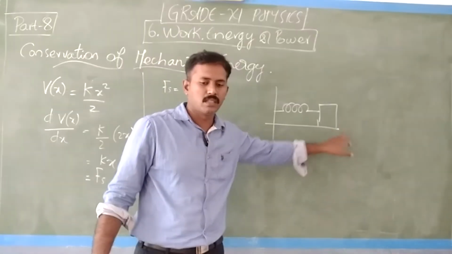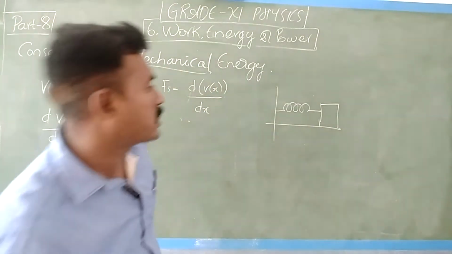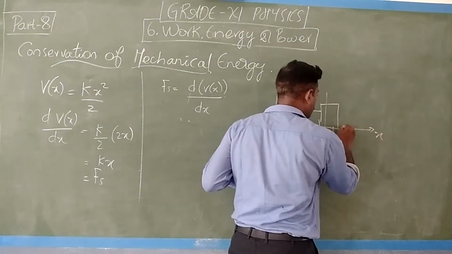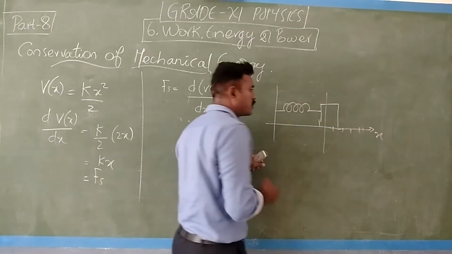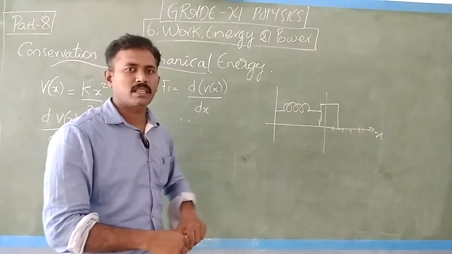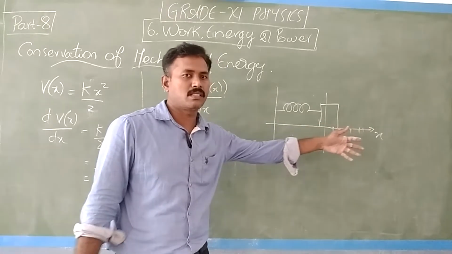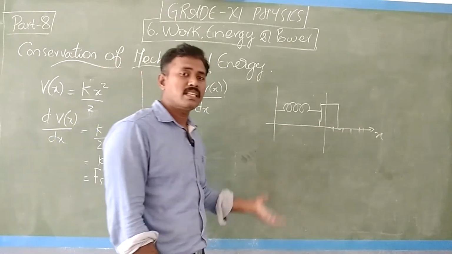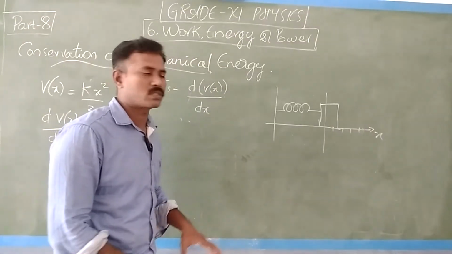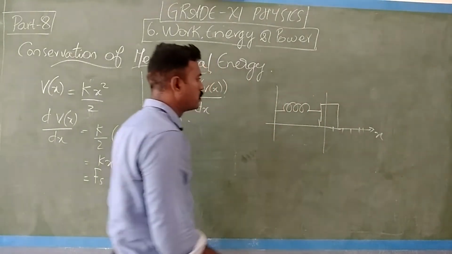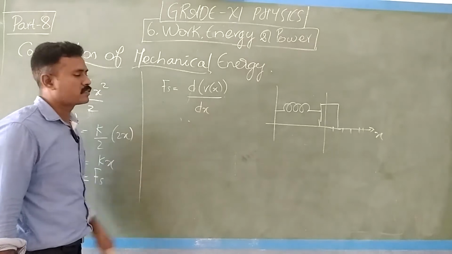At each and every point, this is x, the mass is being displaced. I am moving the mass. The mass is displaced, so the force is increasing, it is directly proportional. So the force is increasing, and that is given by this.